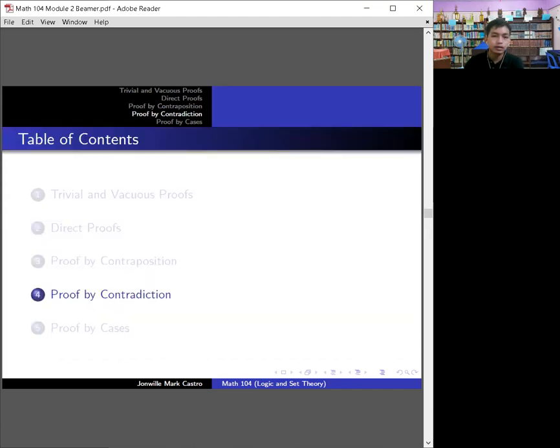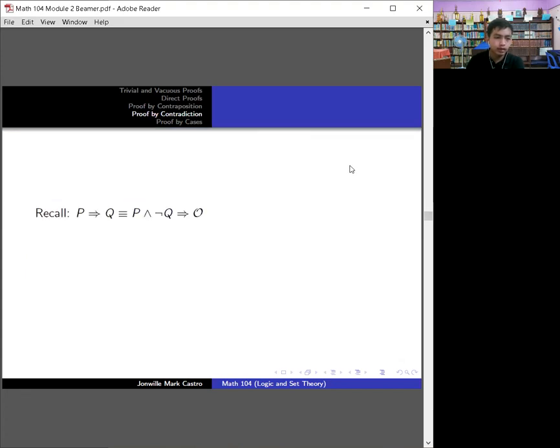Next is proof by contradiction. So, recall that P implies Q is logically equivalent to P and not Q implies a contradiction. So, yung proof by contradiction, ang flow niya is, i-assume natin si P and not Q, which is yung hypothesis and negation ng conclusion.